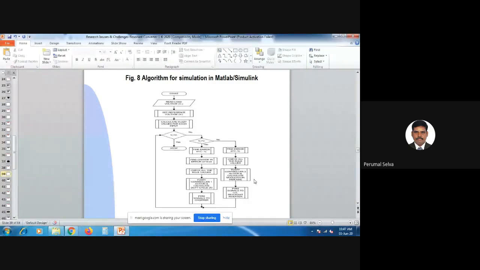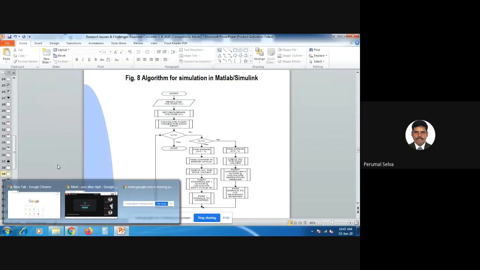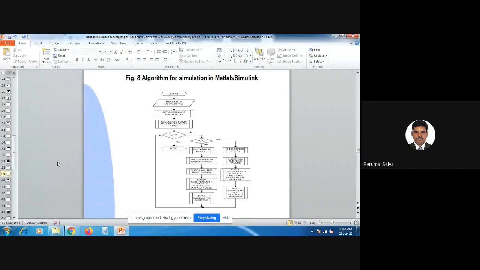This is the flow chart. First read the voltage and set reference voltage, and calculate fuzzy values for each input. If VL is equal to VR, load voltage equal to reference voltage, then go to stop.